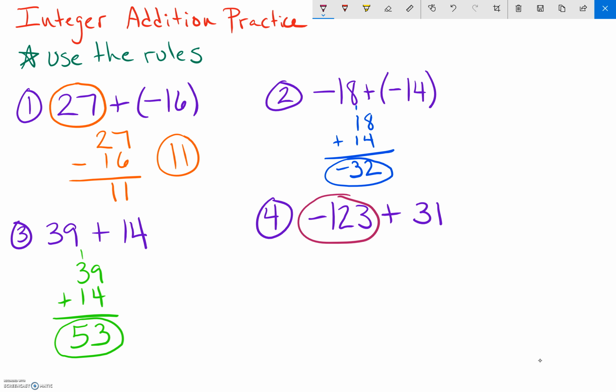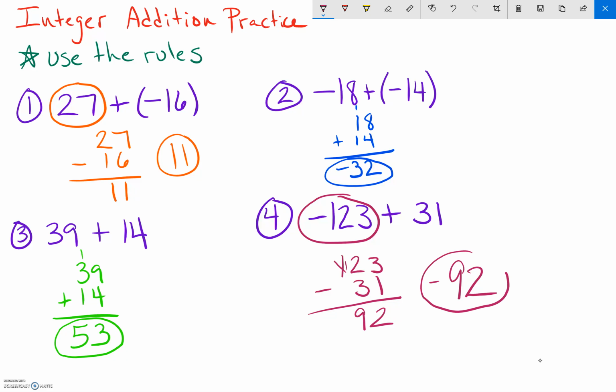Next, you subtract the absolute values, 123 minus 31. You get 92. You have to keep the sign of the circled absolute value, so your answer is negative 92.